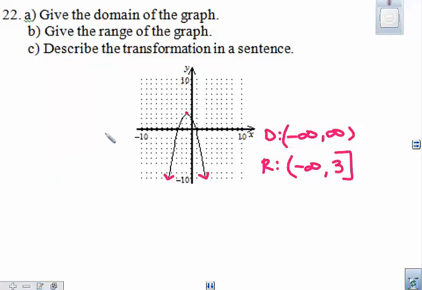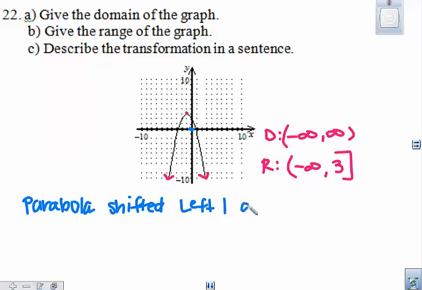Giving the transformation as a sentence, this parabola, the vertex used to be at 0, 0 in the parent function. So it has been shifted to the left 1 and up 3. Okay, so this is the quadratic, or you could say a parabola, shifted left 1 and up 3, and it is reflected or flipped over the x-axis.